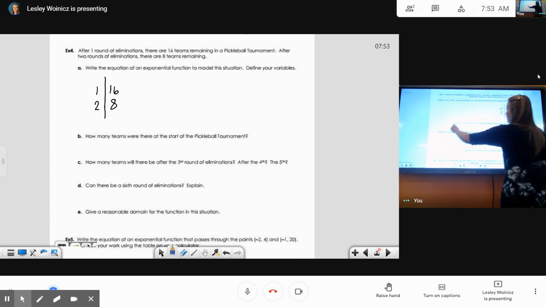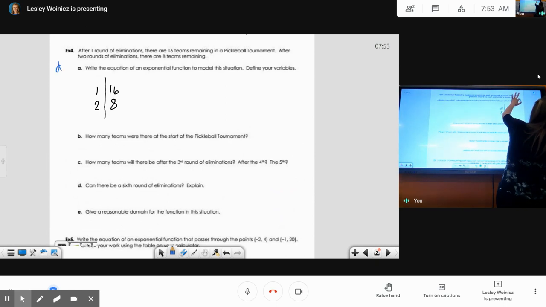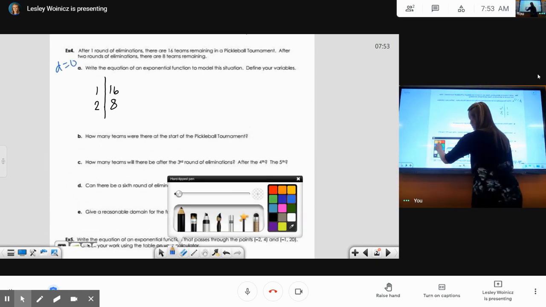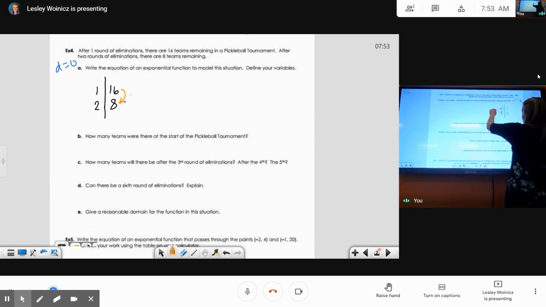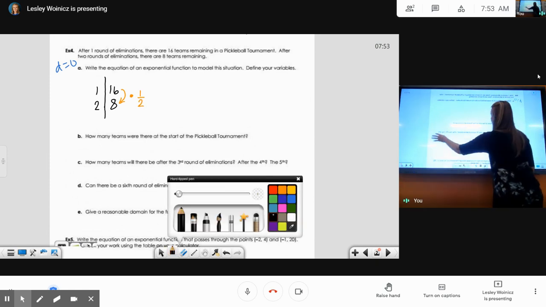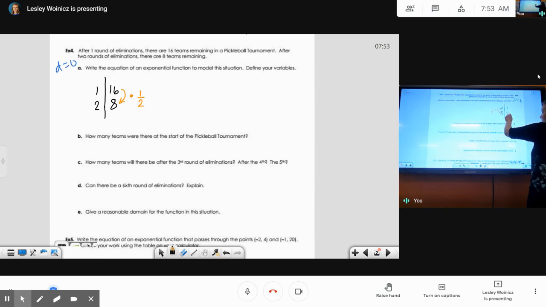So we already know that D is 0, because I told you it was. And going from 16 to 8, I am multiplying by 1/2. Now we all know that 0 comes before 1 and not after 2. So I'm going to put 0 up at the top of my table.